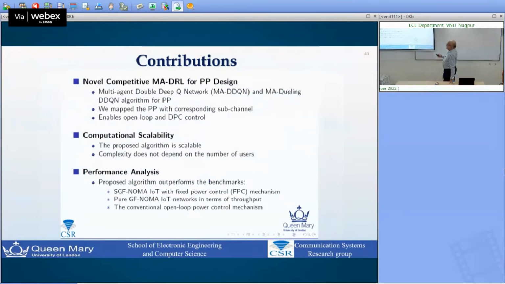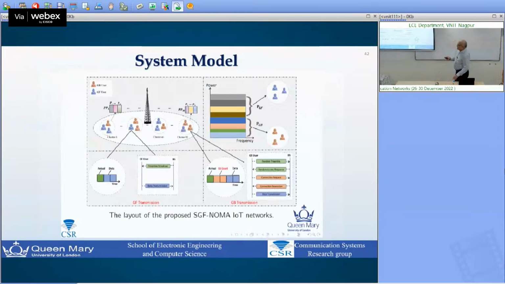after we develop the algorithm, we are going to compare with semi-grant free NOMA with fixed power control and pure grant free NOMA. These two schemes we are going to compare. Say here, these clusters are sub-channels.